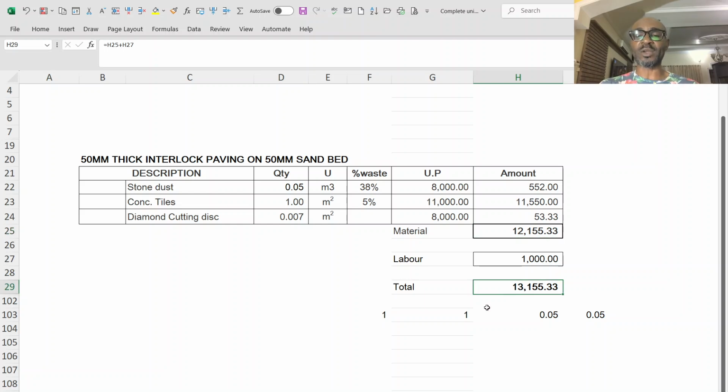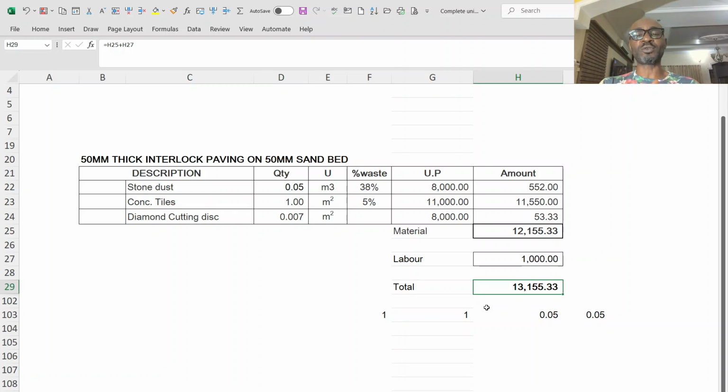13,155 naira 33 kobo. This is your dry cost, your cost of labor and material, excluding your markup, your overhead, and maybe associated preliminaries that may be necessary for you to carry out this item of job in the bill.